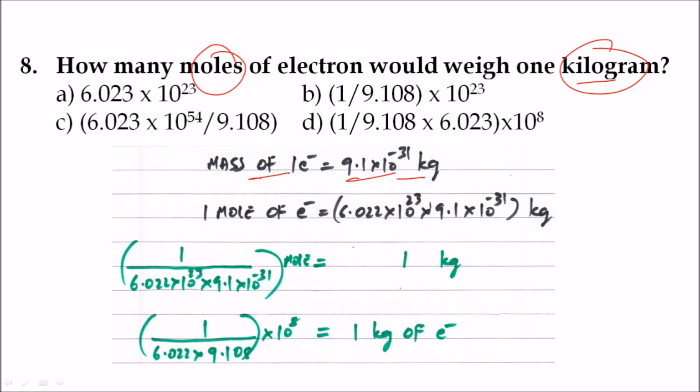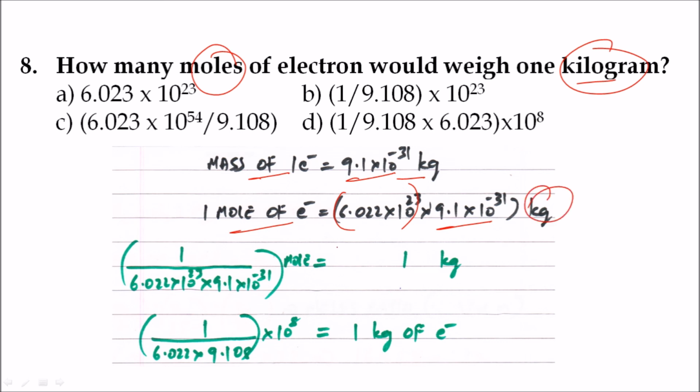If we take 1 mole of electrons, it will weigh Avogadro number into the mass of one electron. So this is Avogadro number 6.022 into 10 raised to 23 into the mass of one electron, 9.1 into 10 raised to minus 31. So this is the mass of 1 mole of electrons in kilogram.